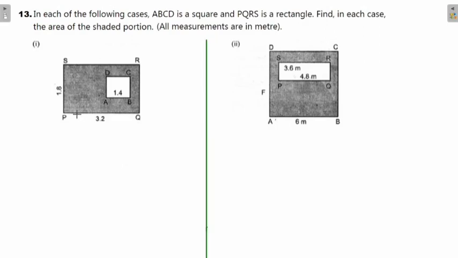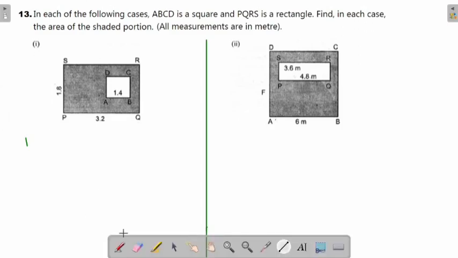Now, how do you find the area of a shaded portion? I am just giving you a hint here. So we have to find the area of the shaded portion. So let me do the first question.